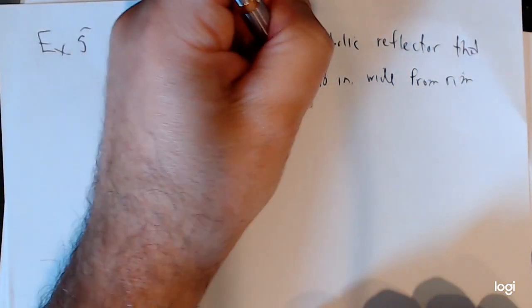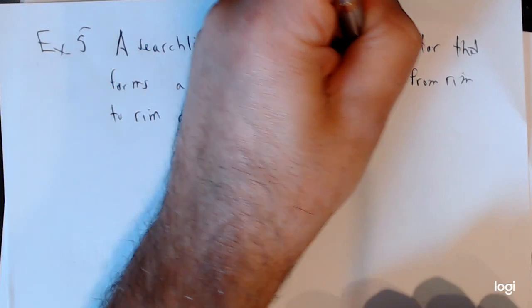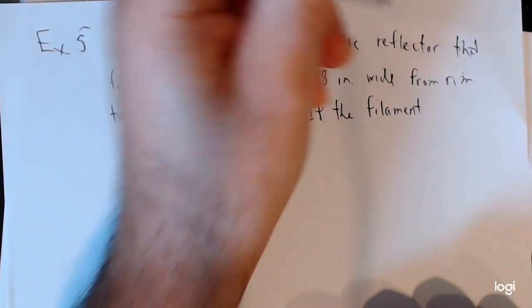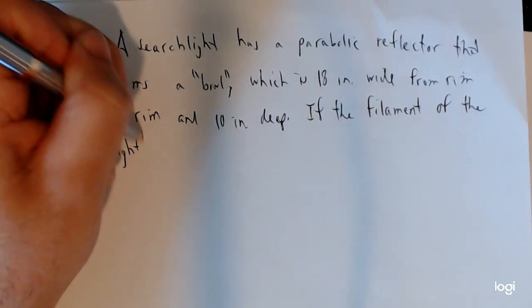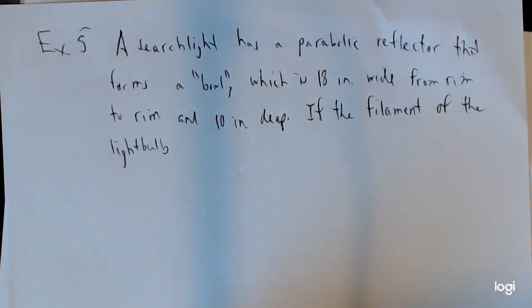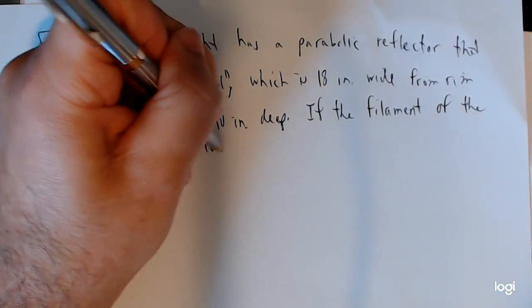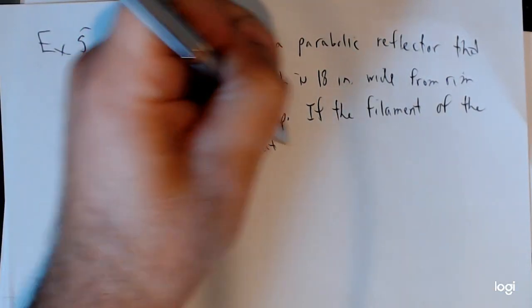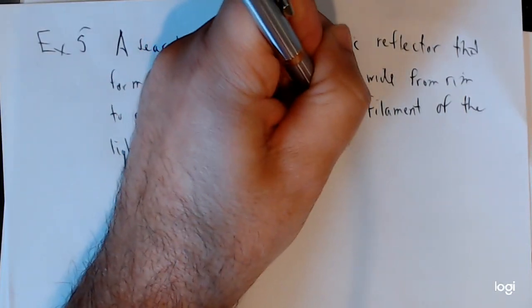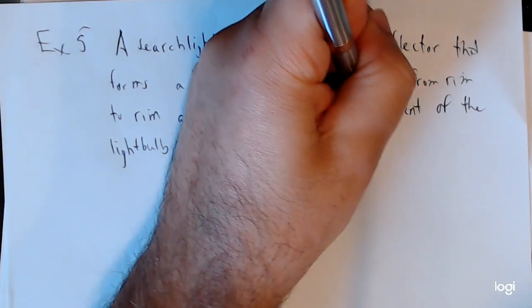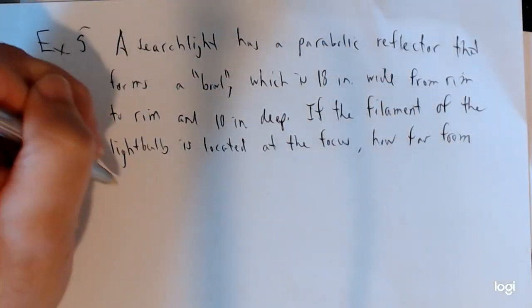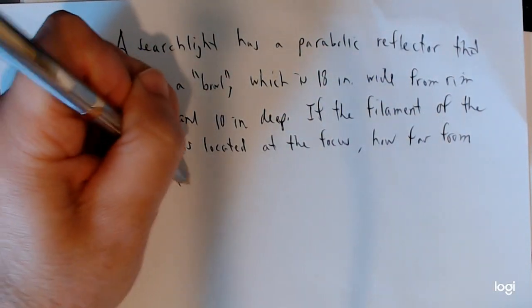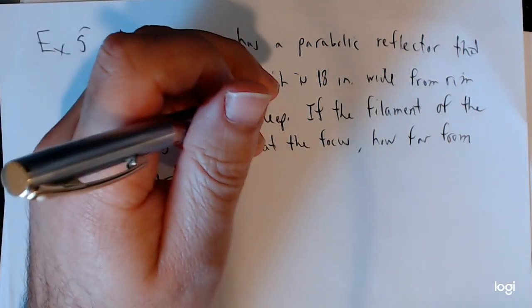If the filament of the light bulb is located at the focus, and I'll explain to you guys why that is the way it is in a minute, how far from the vertex of the reflector is it?